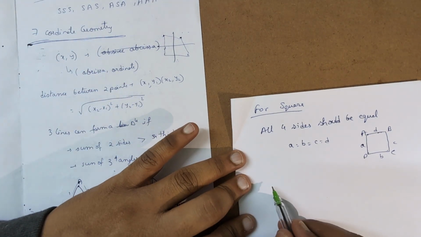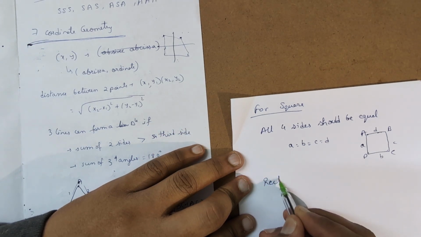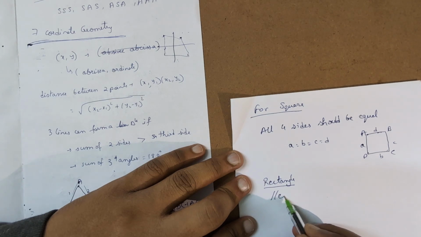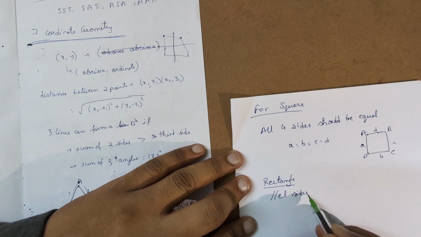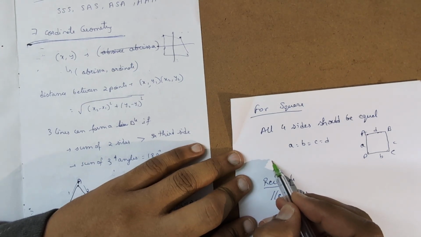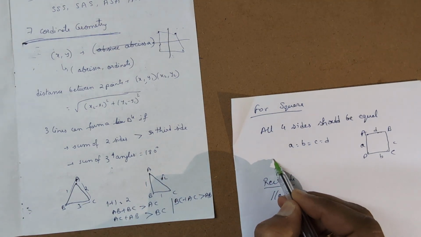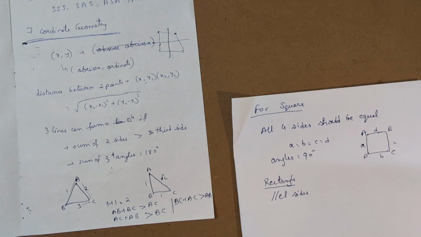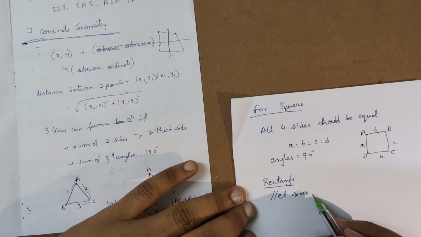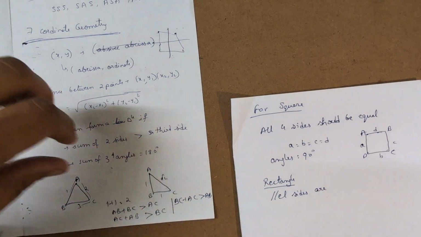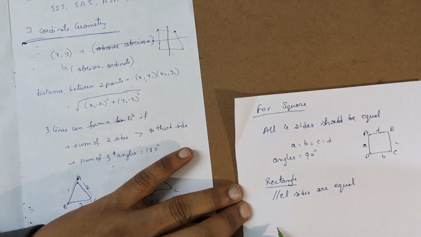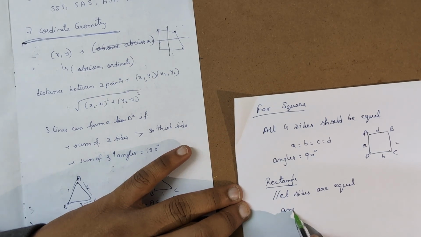Okay, for a rectangle, parallel sides should be the same, and the other point is that one angle should be 90 degrees. All angles are 90 degrees for a square, whereas for a rectangle all parallel sides are equal and all angles are 90 degrees.